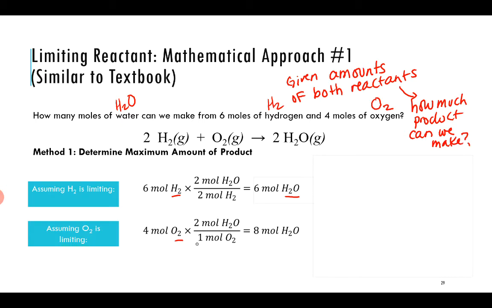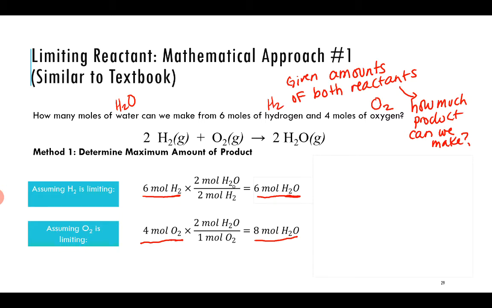We would use the stoichiometric coefficients, and this tells us that if we use up all 6 moles of H2 gas, we will make 6 moles of water. On the other hand, if all the moles of O2 were used up, we would end up with 8 moles of H2O. Now that we have our math, it's time to decide which number makes sense.